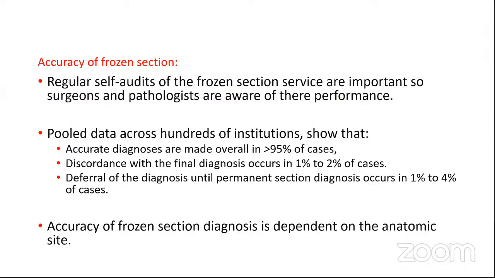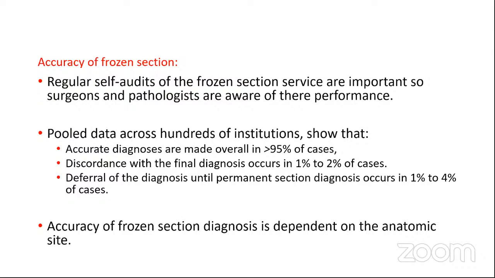Regular self-audits of a frozen section service are important, so surgeons and pathologists are aware of their performance. The pooled data across hundreds of institutions showed that accurate diagnosis is generally more than 95%, the discordance rate with the final diagnosis is up to 2%, and the deferral rate for permanent section diagnosis is up to 4%.